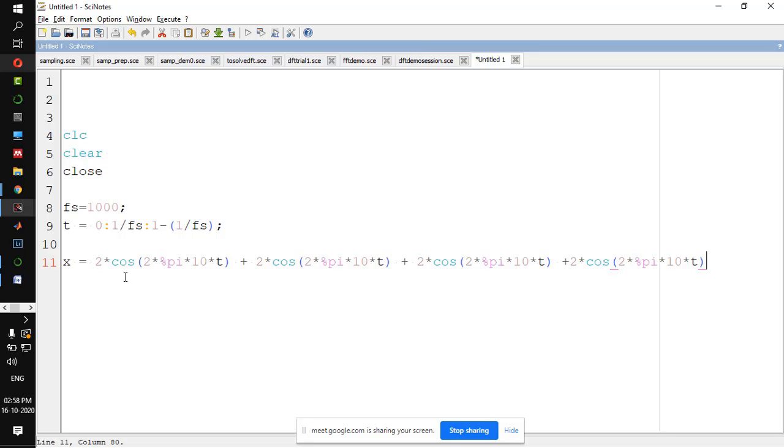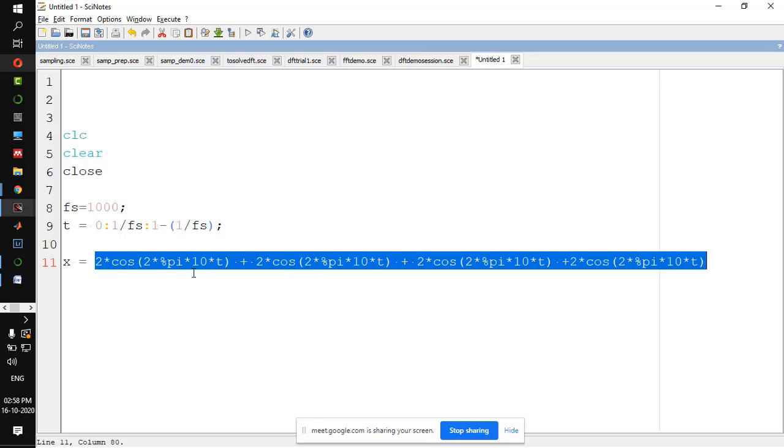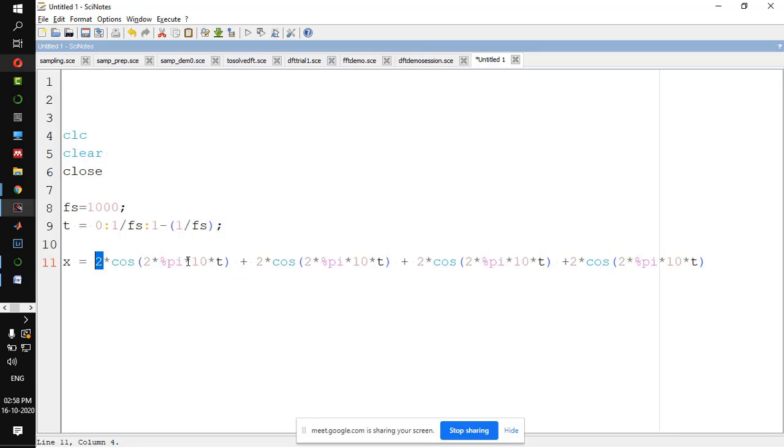The first signal has an amplitude of 2 volts and a frequency of 100 hertz. The second has an amplitude of 8 and a frequency of 30 hertz. And let me call this one 12.